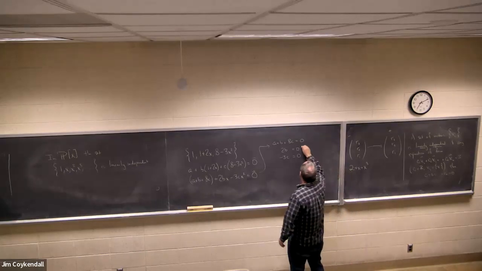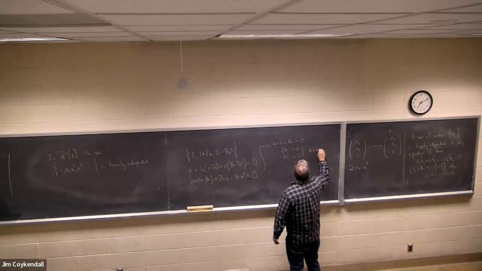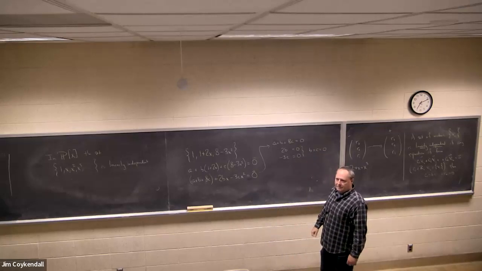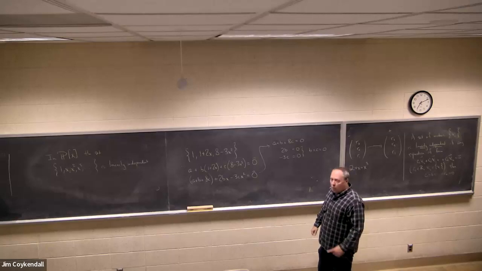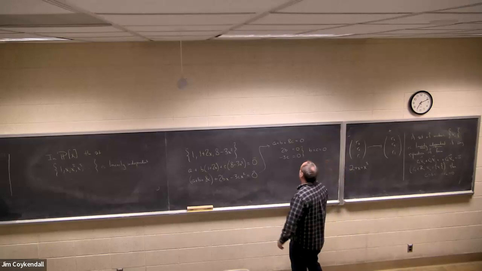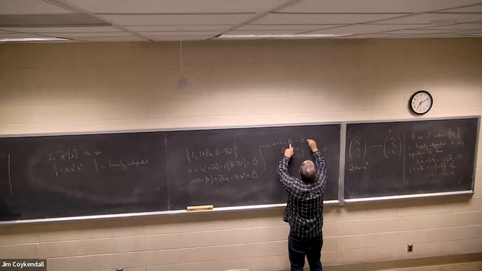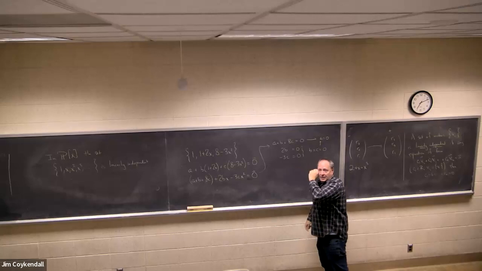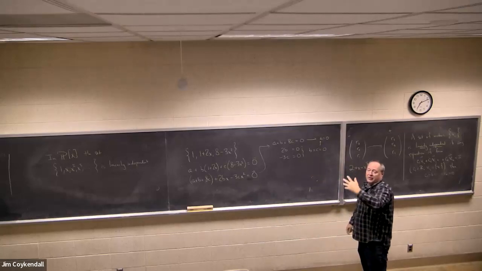This immediately means that B and C are 0. And once I've got that, I've totally got it, because if B and C are 0, this means that A is too. So the set's linearly independent.